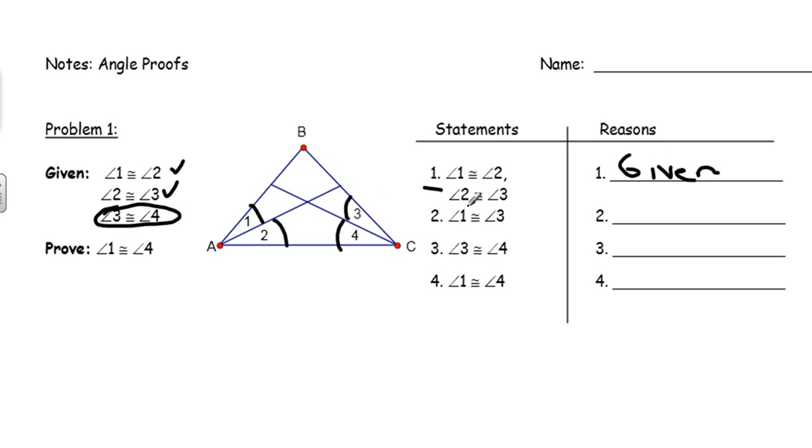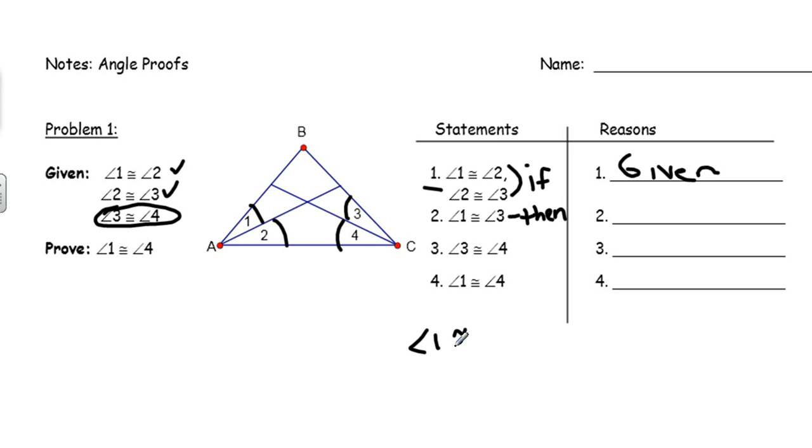Now number 2, we have angle 1 is congruent to angle 3. Well, that's not the one that was left out, so it must have come from somewhere else. I'm going to take this first part and write that as my if to figure out how I got to my conclusion. So I'm just going to write this linearly.